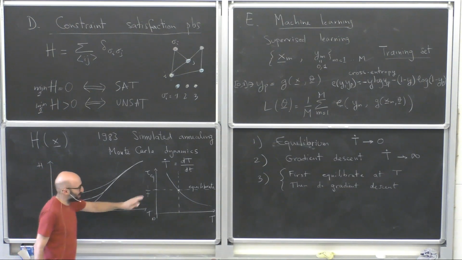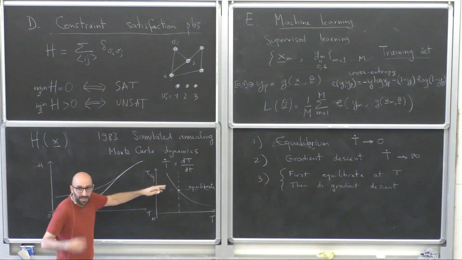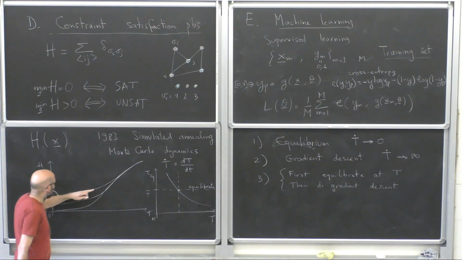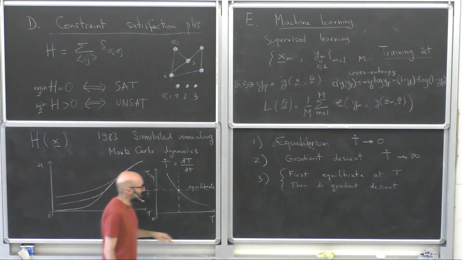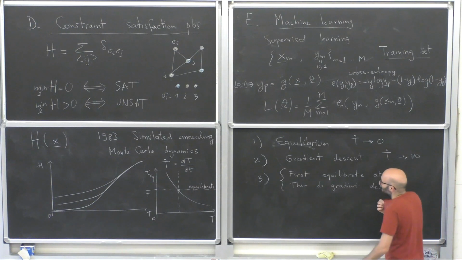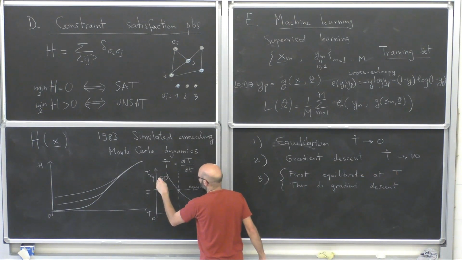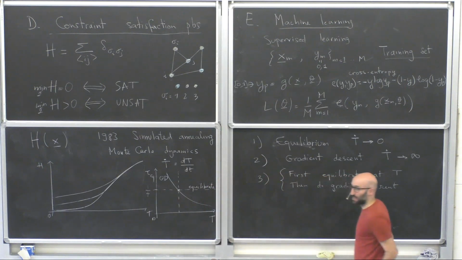It's as if you were effectively at very, very low temperature with respect to the time it takes to equilibrate. It's an approximation. It's not correct, but it's a decent approximation. In this regime, you can think that you are essentially doing gradient descent.